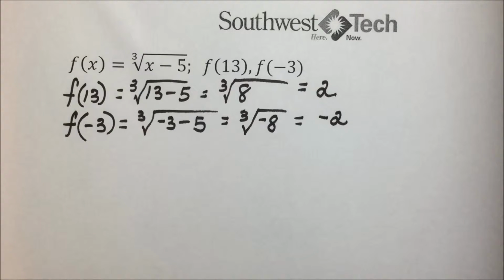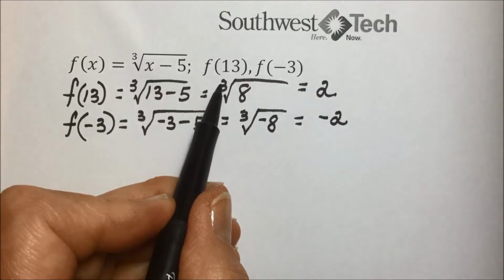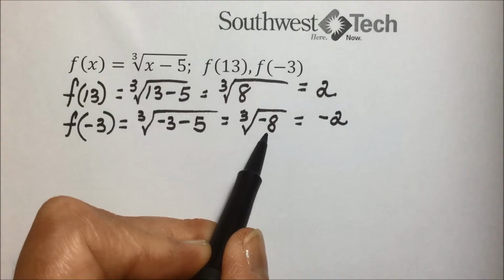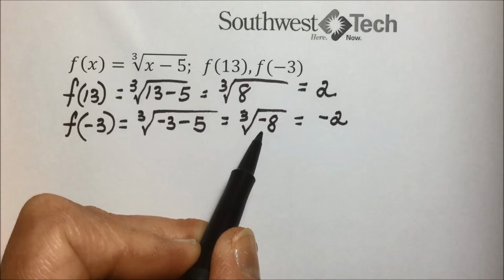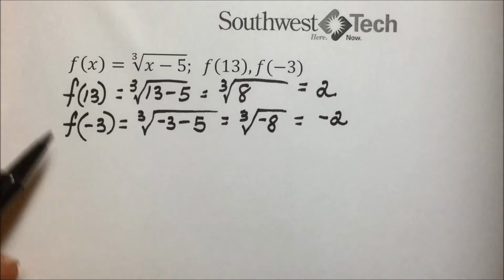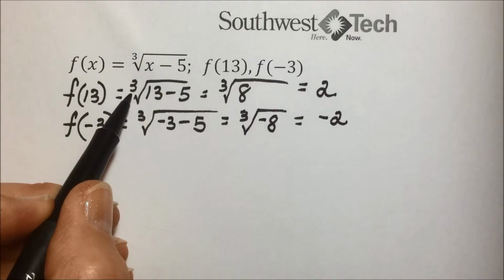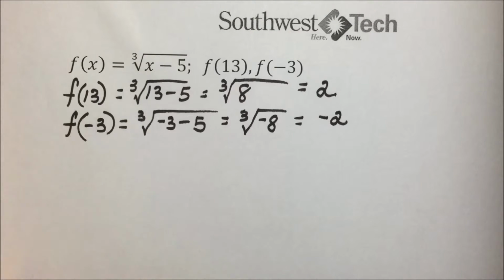Domain-wise, as we've just seen, we can take the cube root of a positive number. We can take the cube root of a negative number. When you are taking an odd root, and we are, our index of 3 here is odd, we can take odd roots of positive and negative numbers, so there is no restriction concerns on our domain.